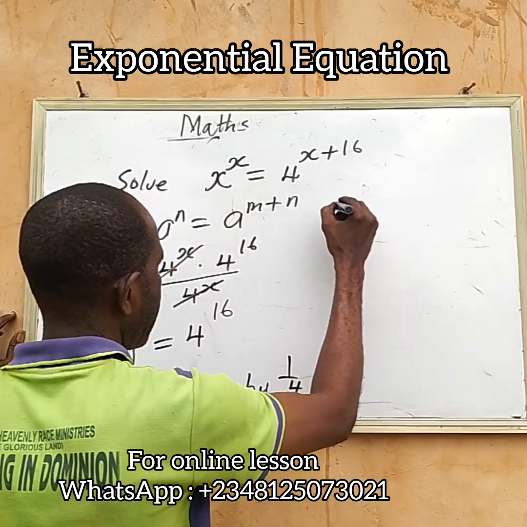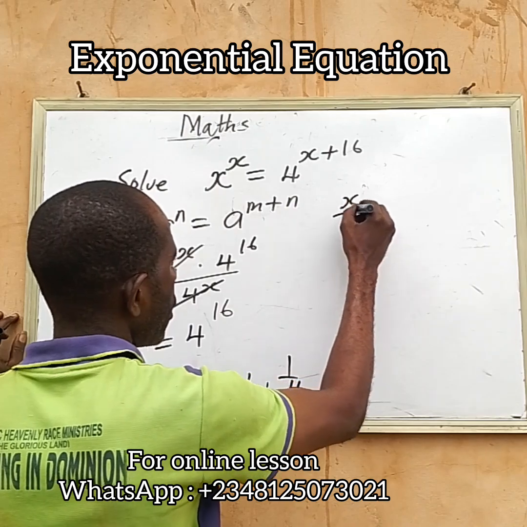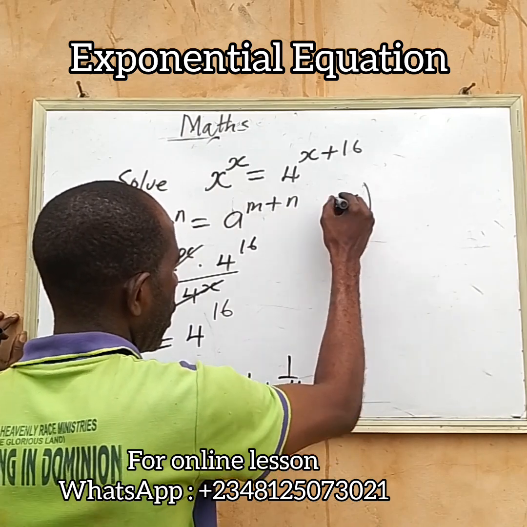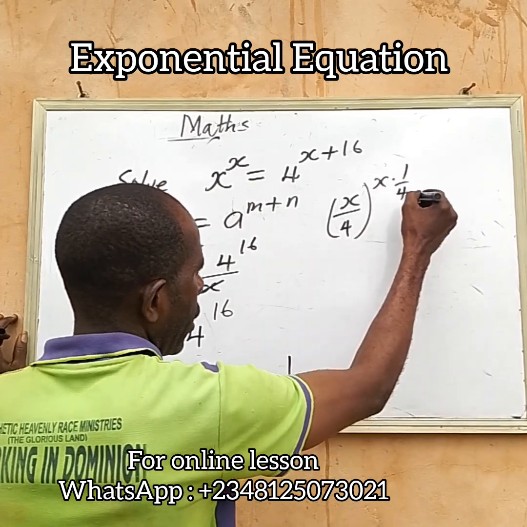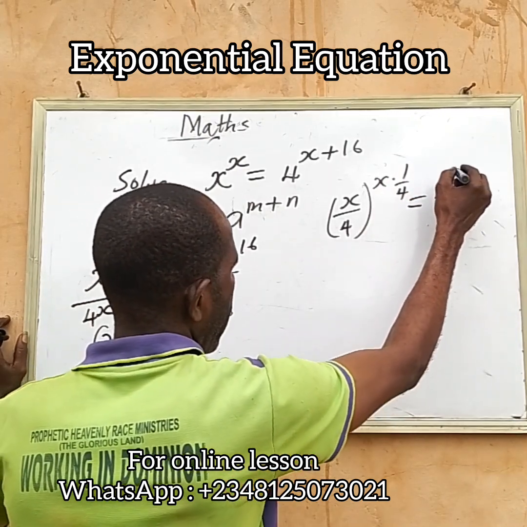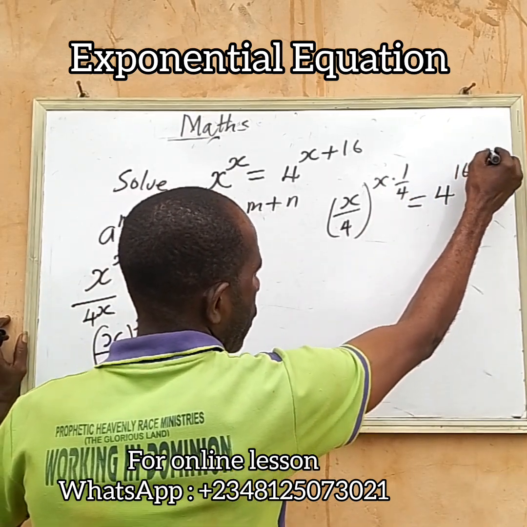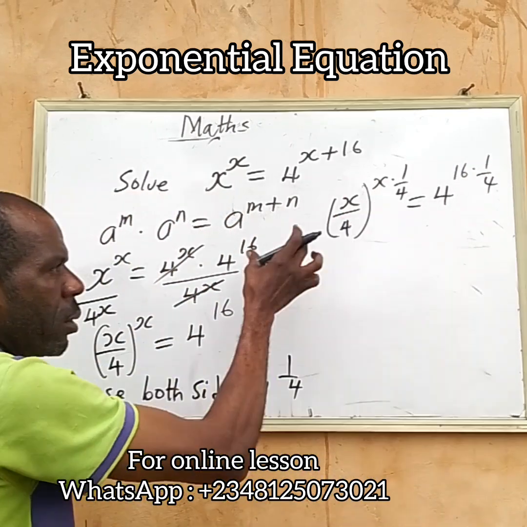If we do that, we have x over 4, raised to power x times 1 over 4, equal to 4 raised to power 16 times 1 over 4, because we are raising both sides.